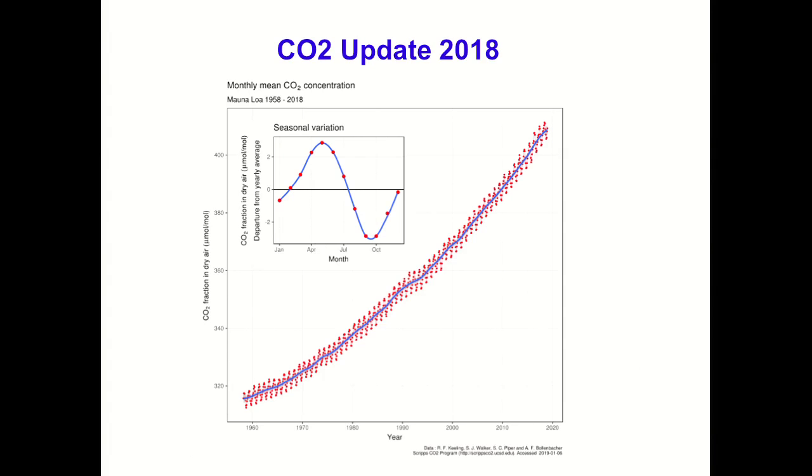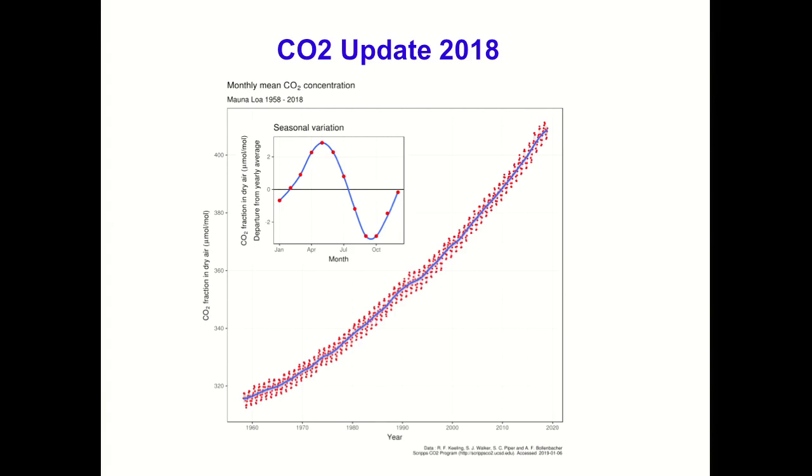And this shows the detailed measurements from 1958 to 2018 at the Mauna Loa station in Hawaii, which is the main background station in the Northern Hemisphere. So again, we said 400 ppm a year ago, but remember that's just one station, it's not the global average.